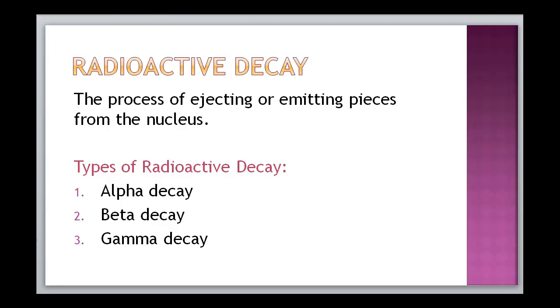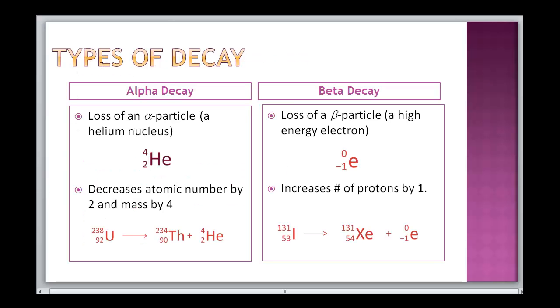The process of ejecting or emitting pieces of the nucleus is what we call radioactive decay. And we have those three types that we've just described, the alpha, beta, and gamma. What we're going to do is just show you some equations and what it looks like in a practical sense. So, types of decay, we have alpha. We have a loss of an alpha particle, which is this symbol right here.